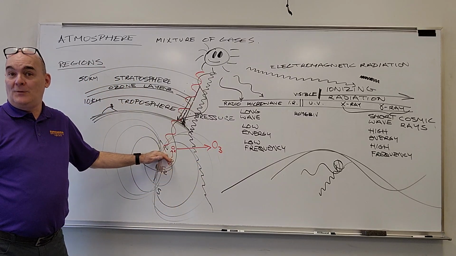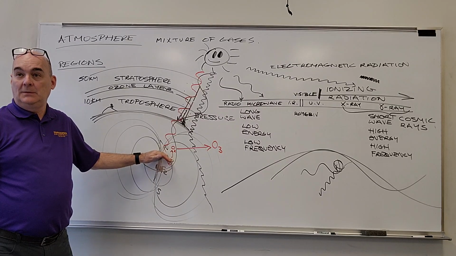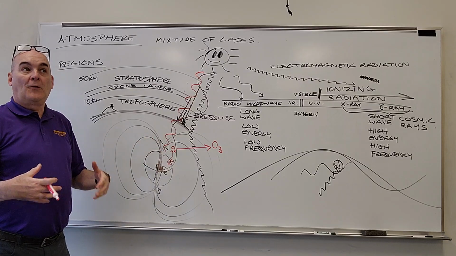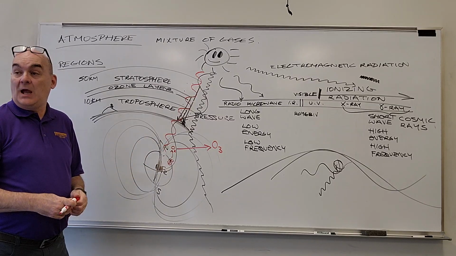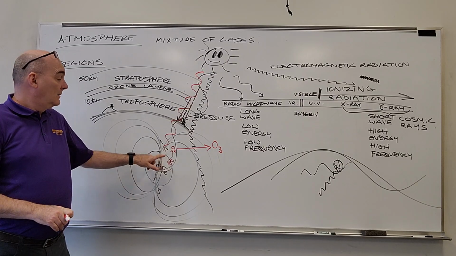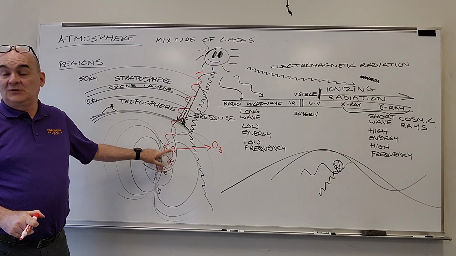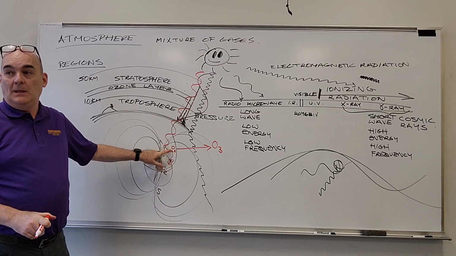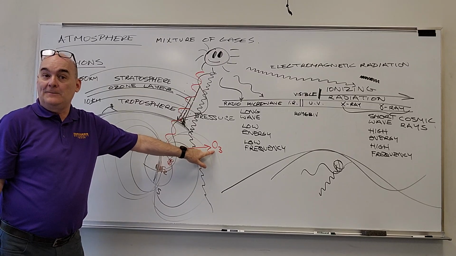Ozone is a form of oxygen. It's what we call an allotrope. Allotropes are forms of an element that occur in different types. Oxygen exists naturally as 2 oxygen atoms stuck together, but it could also exist as 3 oxygen atoms stuck together.